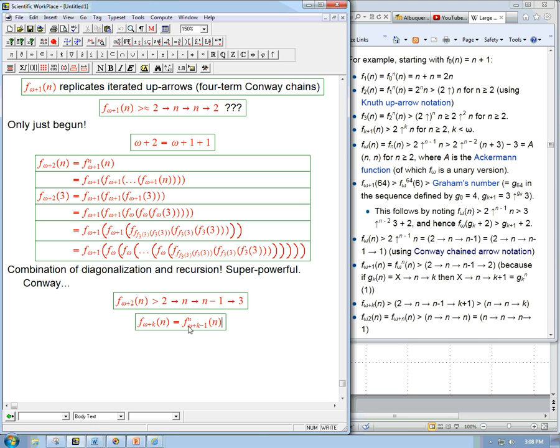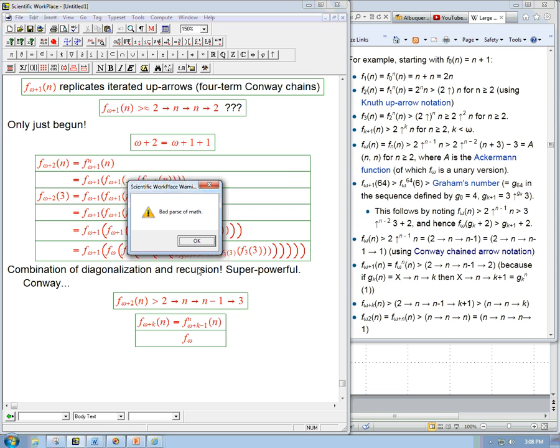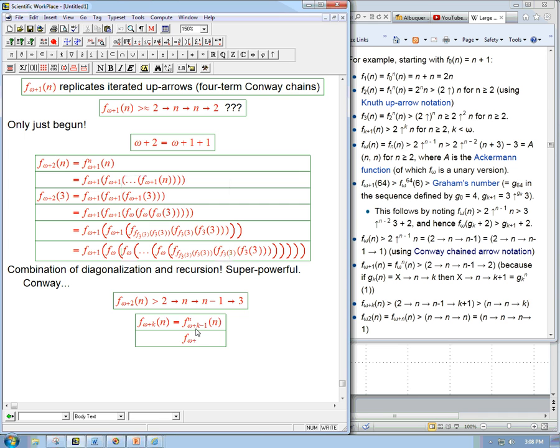And then the beautiful thing, of course, is when we strip that down, so that's going to be f sub omega plus k minus 1 of f sub omega plus k minus 1 of dot dot dot of, and then one last one, f of omega plus k minus 1.